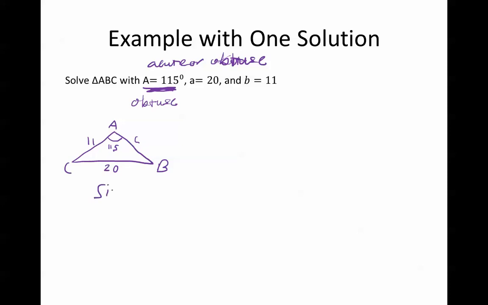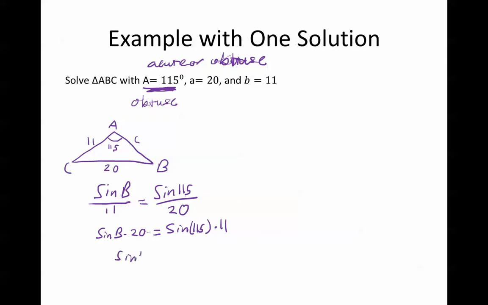So this will be sine B over 11, because I'm looking for B, and I have the side. And then I have both for A. So this is sine 115 over 20. So cross multiplying then, I end up with sine B times 20 equals sine of 115 times 11.